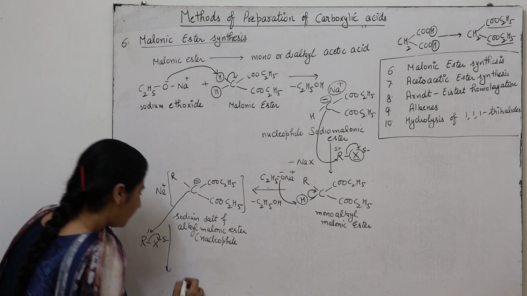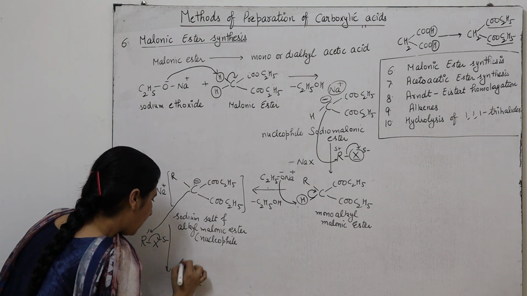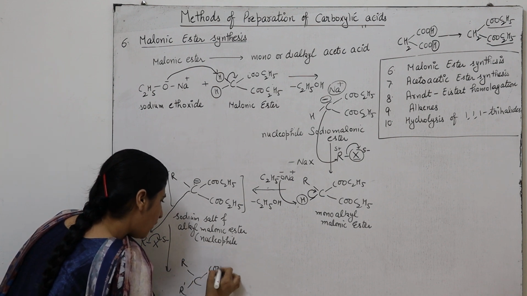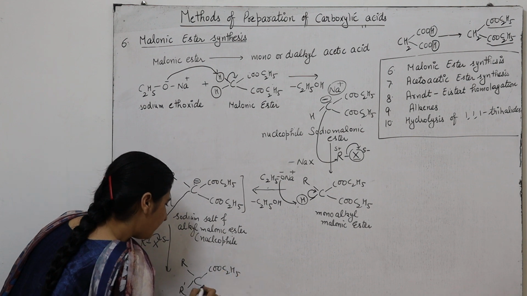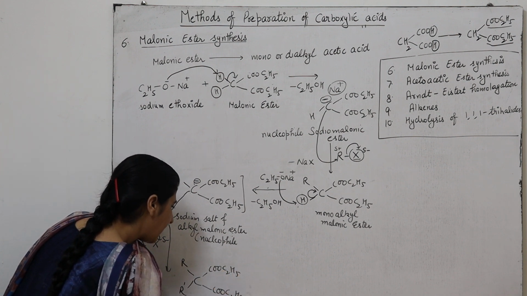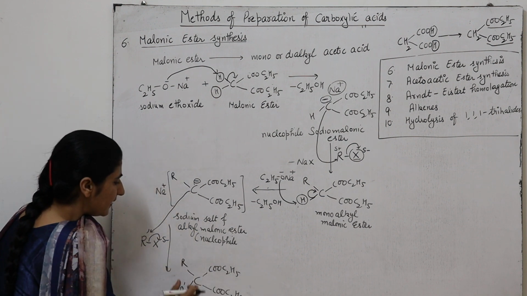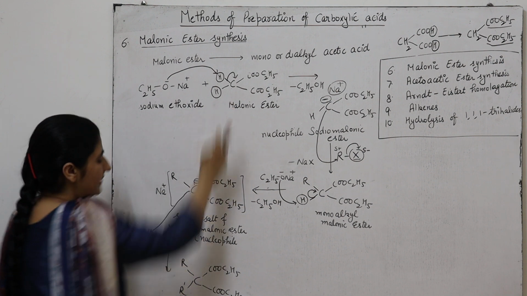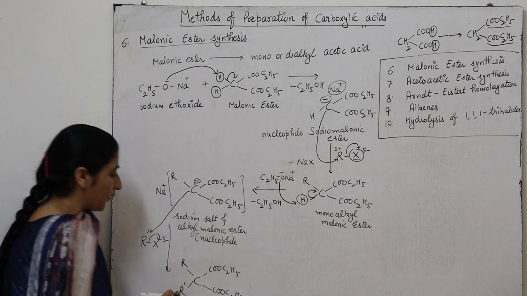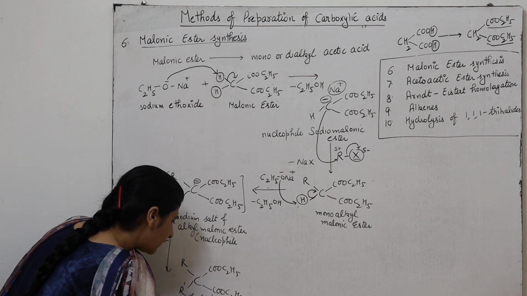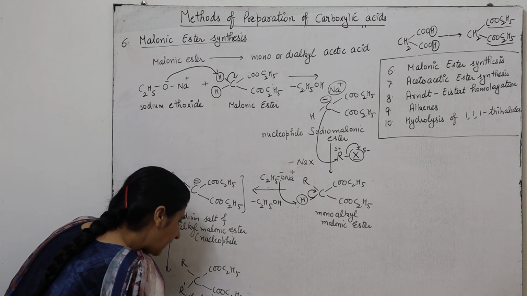So we get R, R dash, COOC2H5, COOC2H5. In this case both hydrogen atoms of the malonic ester are replaced by alkyl groups, so this is known as dialkyl malonic ester.